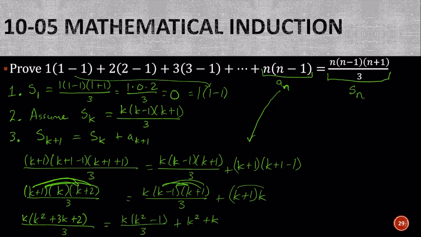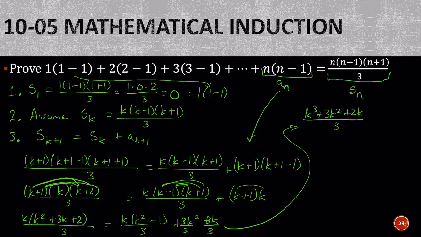And then that would be k squared plus k. All right. I'm going to make these common denominators. I'm going to multiply by 3 to go up here where I have space. All right, distribute the k, so it'll be k cubed plus 3k squared plus 2k over 3. On the other side, distribute the k, all of k cubed minus k over 3 plus 3k squared over 3 plus 3k over 3.